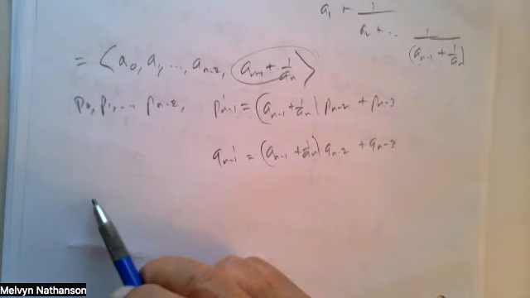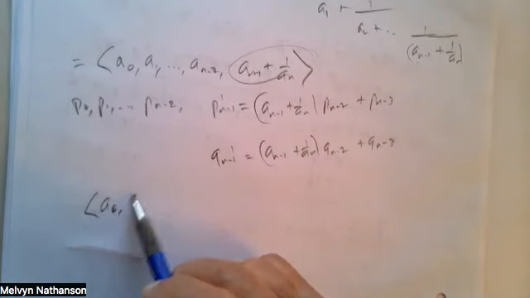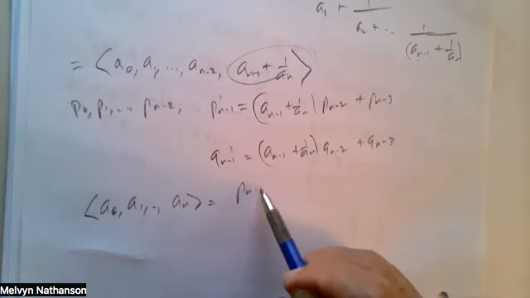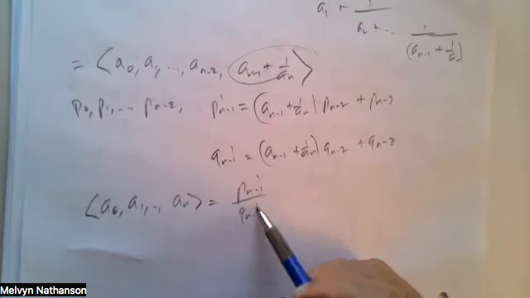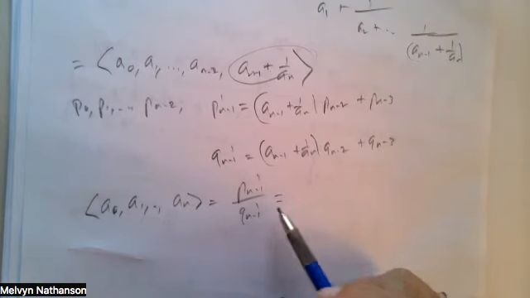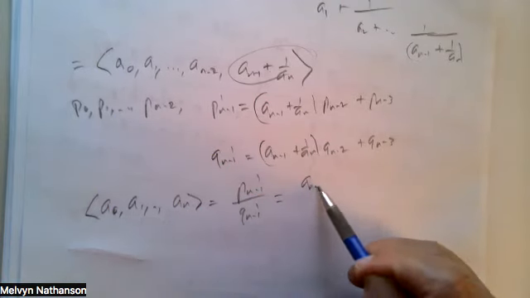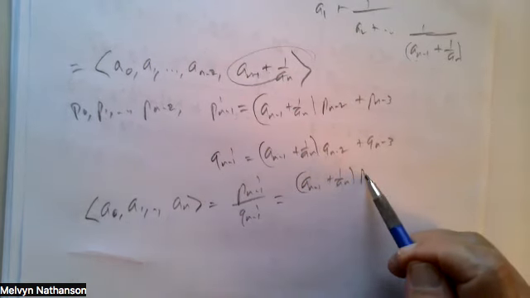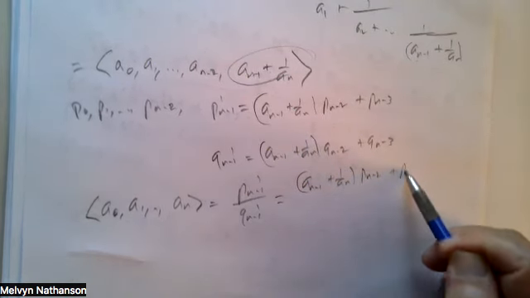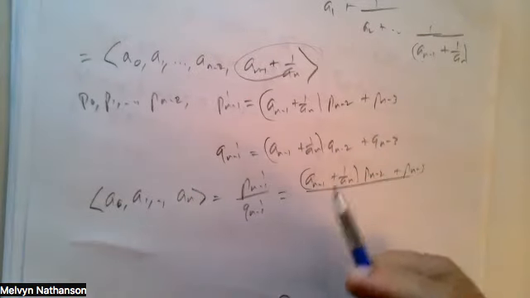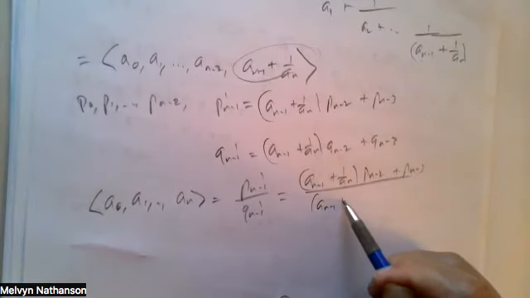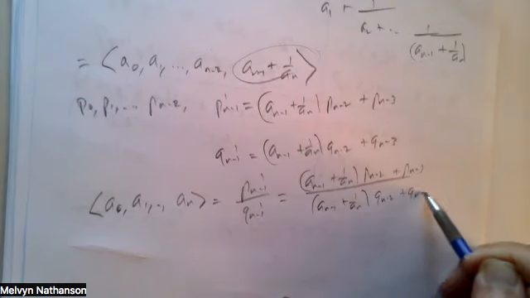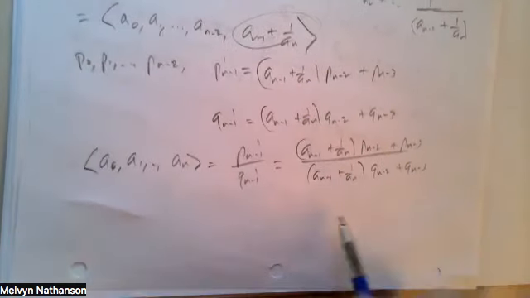So my fraction, A0, A1 up to AN, is equal to Pn minus 1 prime over Qn minus 1 prime. That's equal to AN minus 1 plus 1 over AN, Pn minus 2 plus Pn minus 3 over AN minus 1 plus 1 over AN, Qn minus 2 plus Qn minus 3.